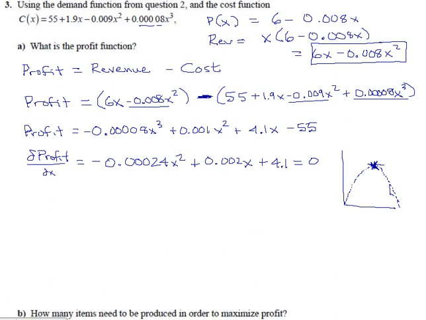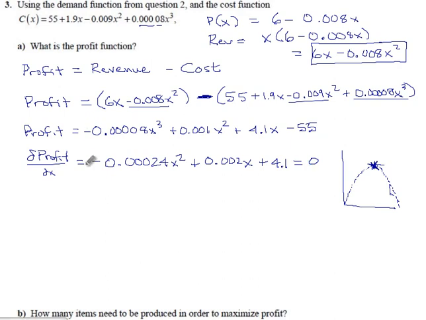Well, it's a quadratic, so you know what's going to happen. One of the things that could happen is you could graph this on a calculator and then use a function to see where its zero is.